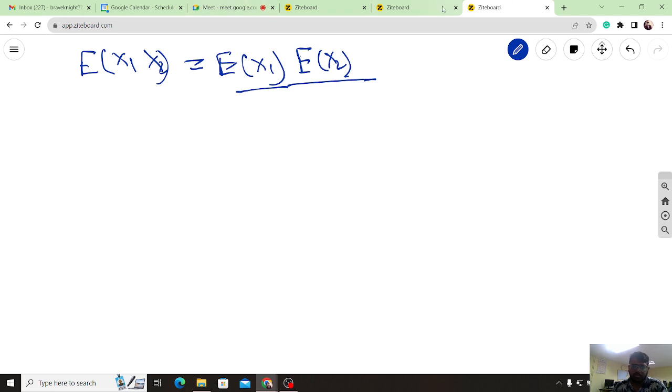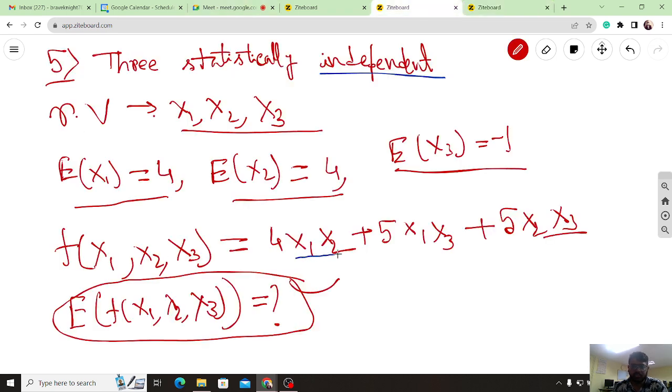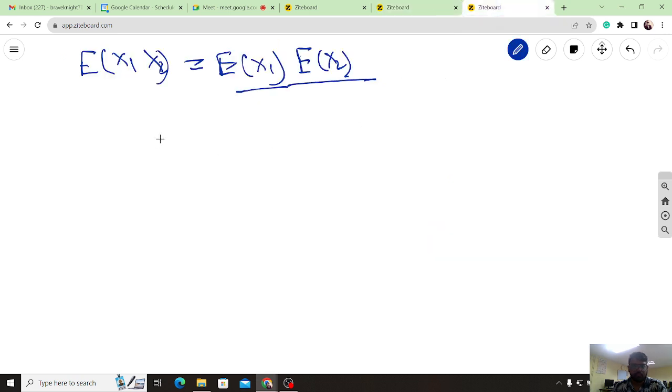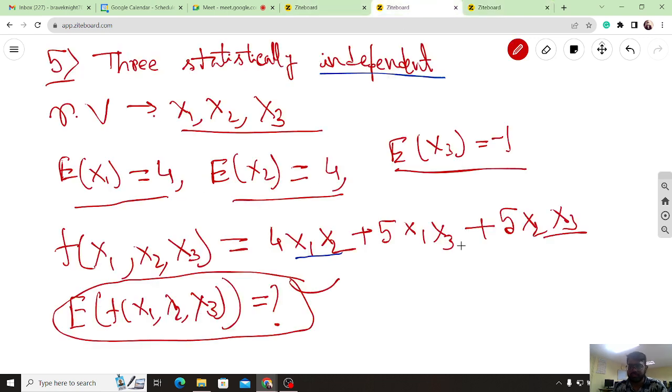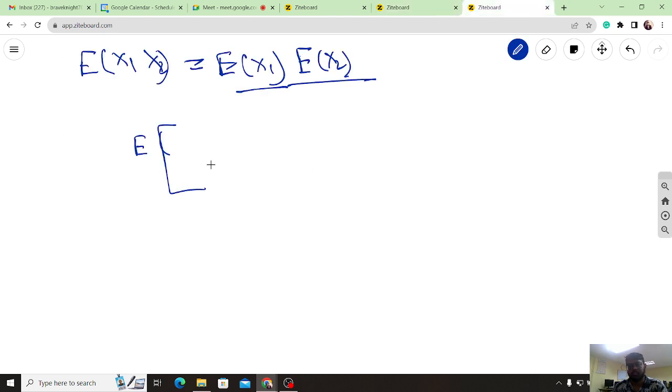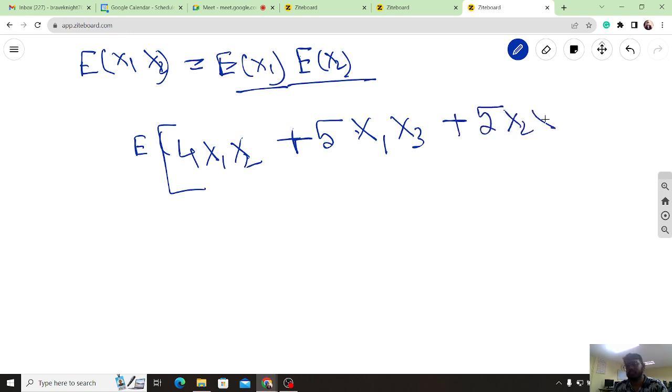First write the whole equation, 4 x1 x2 plus 5 x1 x3 plus 5 x2 x3.